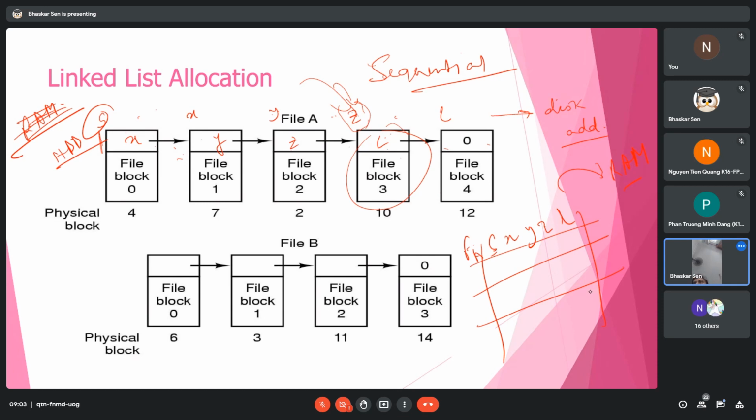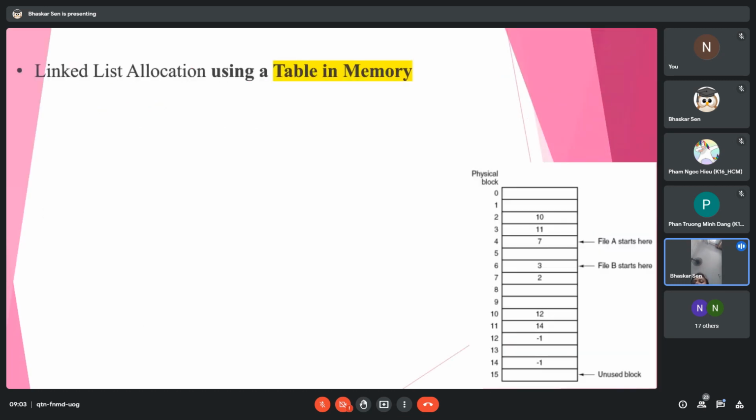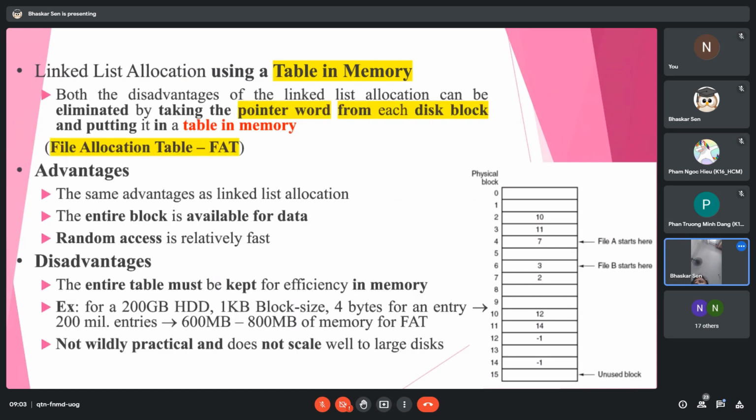And this table itself will be called the file allocation table. Okay, so that is the one thing that we did. We put the file allocation table, or FAT, as you can see right here, straight on memory.